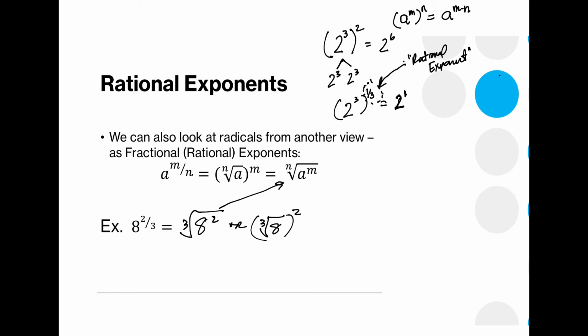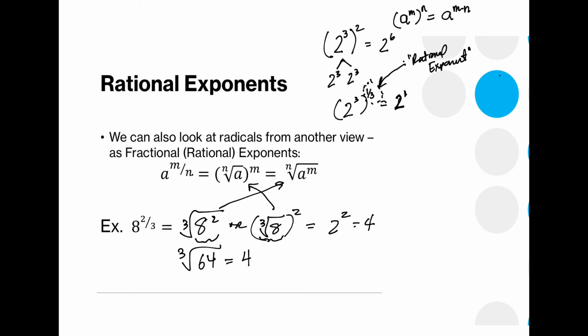This is written that way, this is written that way, but they represent just which order we're going to go in here. This indicates that we're going to take the cube root first, which leaves me with 2, and then we saw 2 squared was 4. Here, this tells you to square first, giving you 64, and then to take the cube root of that, which also is 4. 4 cubed is 64.